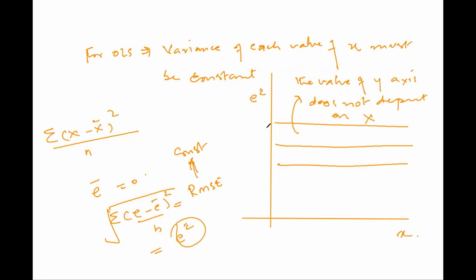Any value that you see on the y-axis does not depend upon x because it is not changing because of x. So it means E square is independent of x. So x is not causing E square. This means that the variance is not changing in the model.